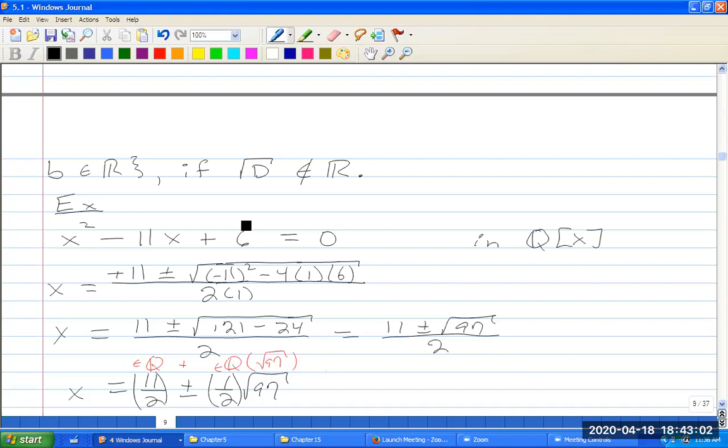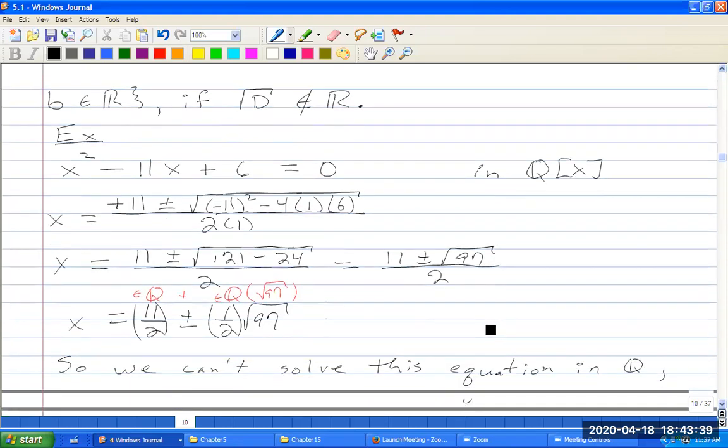Well, by the quadratic formula, x is equal to negative b, so negative negative 11 gives me a positive 11, plus or minus the square root of negative 11 squared, minus 4 times a which is 1, times c which is 6, all over 2 times a. Negative 11 squared is 121. 4 times 1 times 6 is 24. 121 minus 24 is 97.